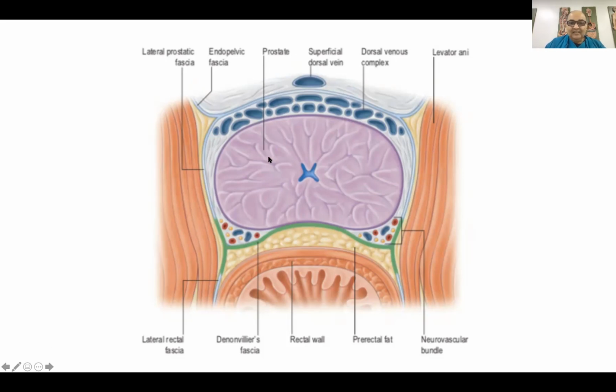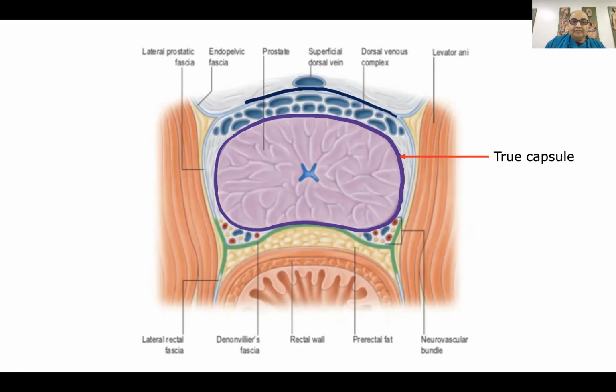Now let's see. Can you see that prostate, the outer margin, there is some layer. What is that? This is a capsule of the prostate, and I call it a true capsule. If I say true, there must be someone false. There you can see at the outskirts, this is my false capsule.